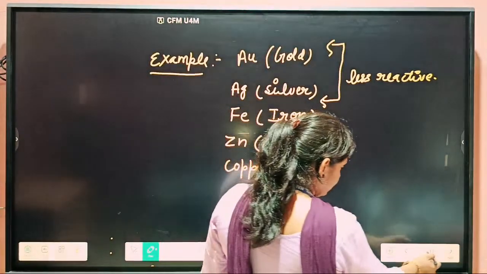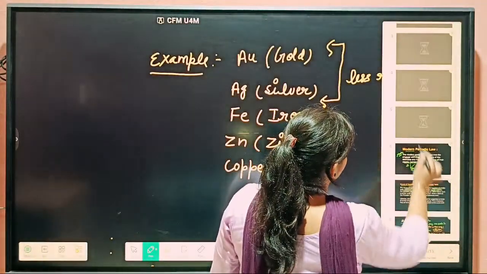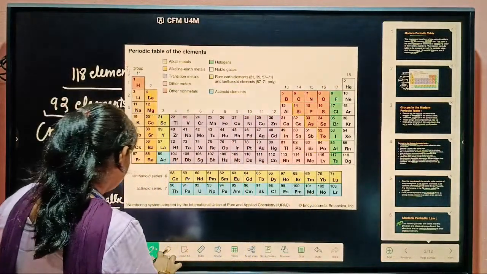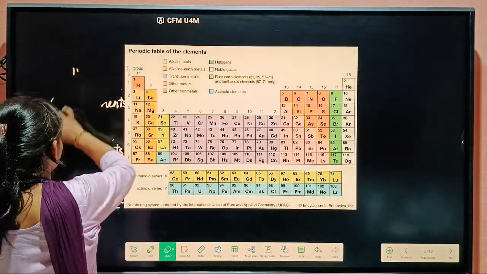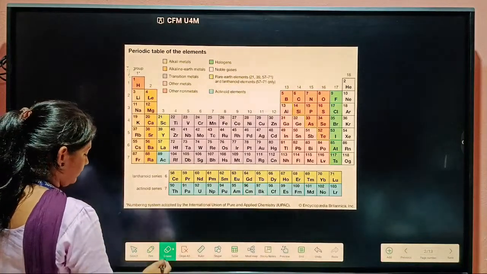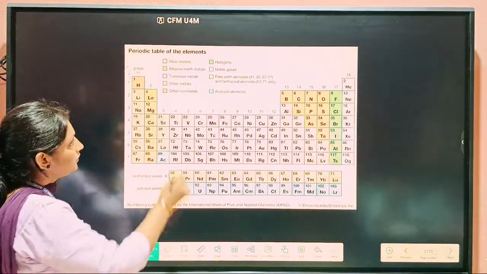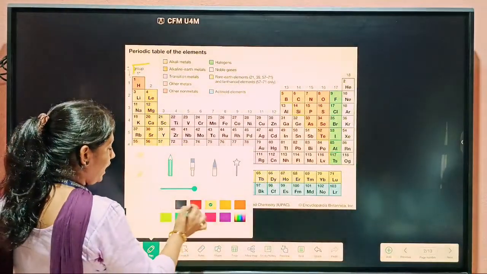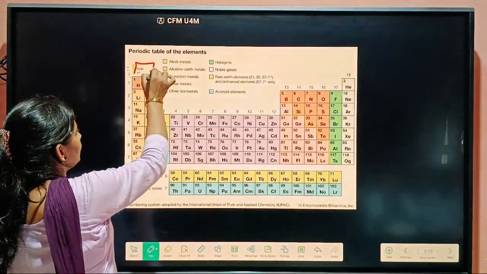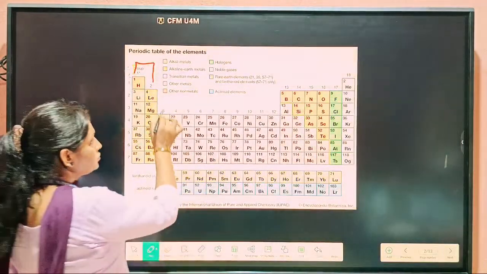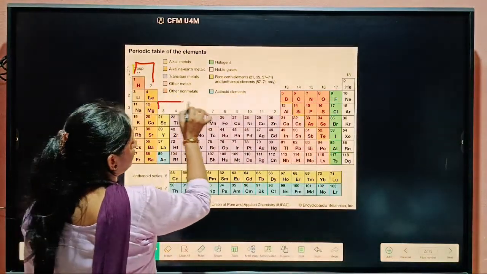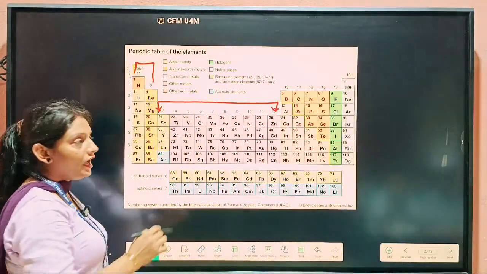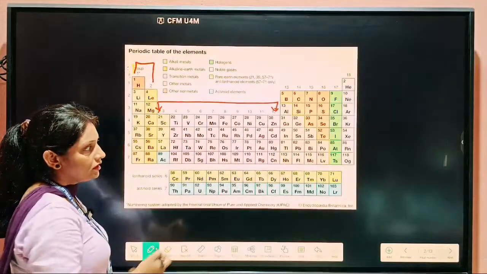Students, here, elements of group number 1 and 2 are metallic. Elements of group number 3 to 12 are also metallic in nature and are known as transition metals.